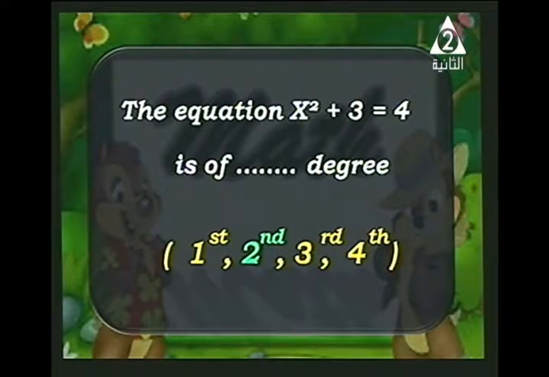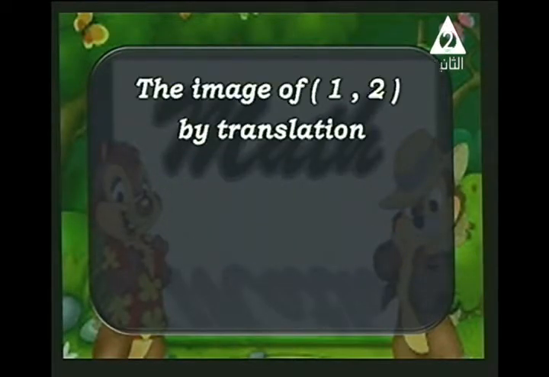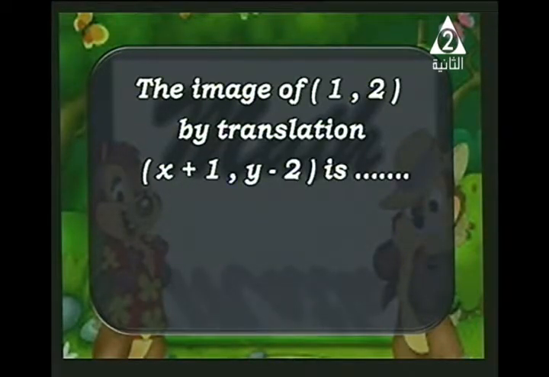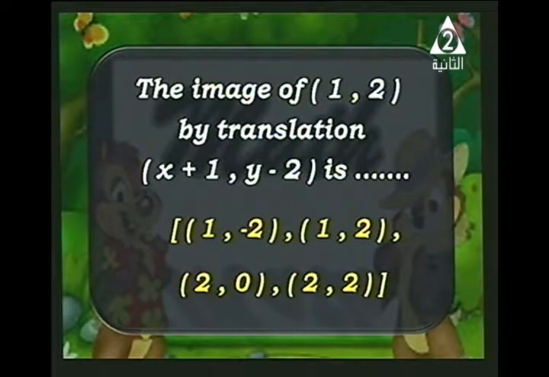Another example. The image of 1 and 2 by translation x plus 1 and y minus 2 is what? Is it 1 and negative 2, or 1 and 2, or 2 and 0, or 2 and 2?